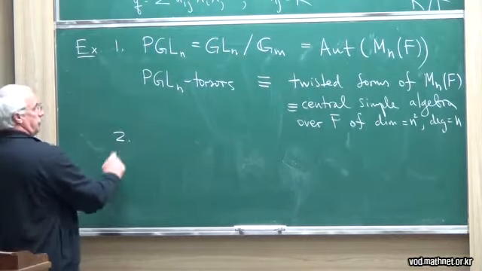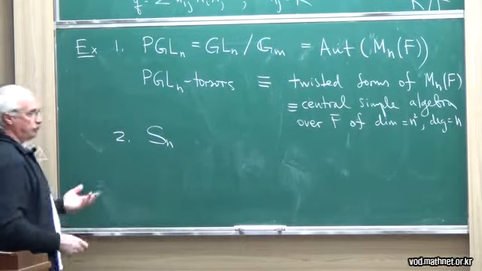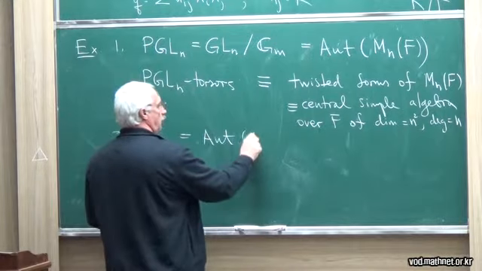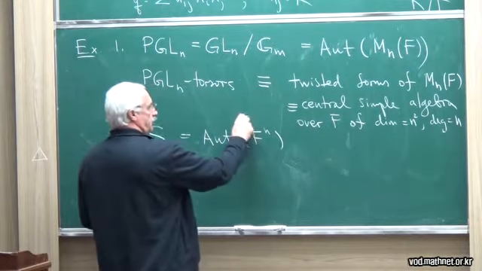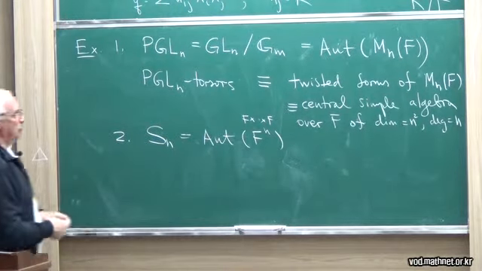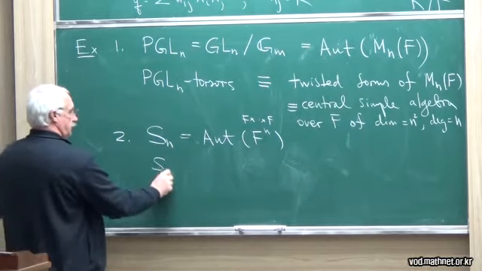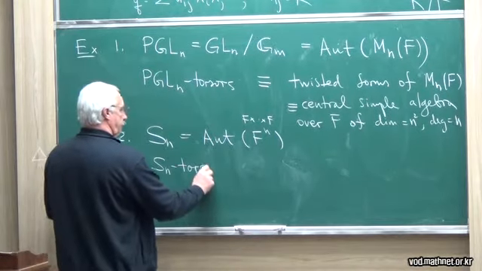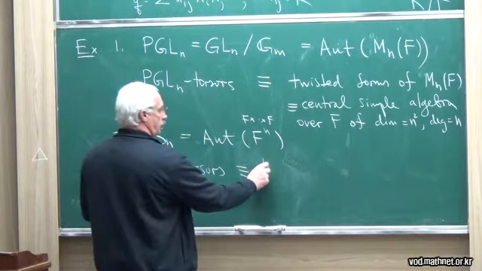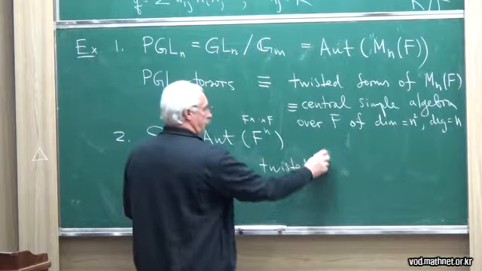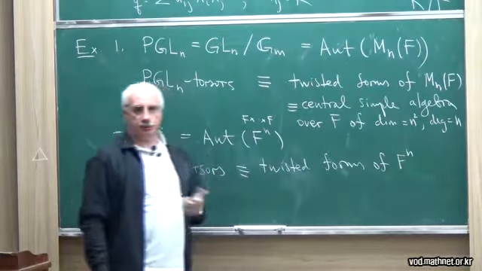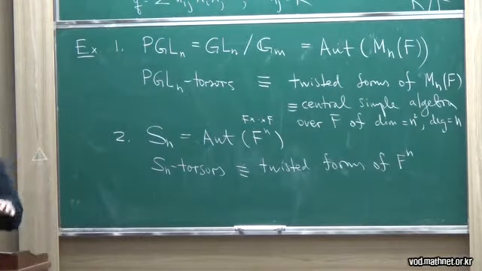Well, second example, the symmetric group S_n, the finite group, is the automorphism group of the algebra F to the n. It's F cross F with itself n times, by permuting the components. And then S_n torsors are the same as the twisted forms of F^n. So all algebras which become products of n copies of the field when you extend the base field.